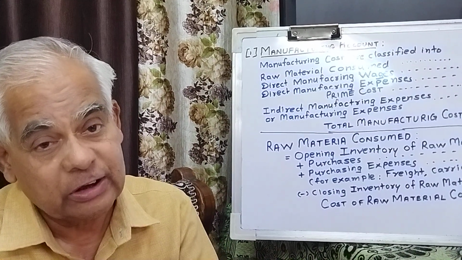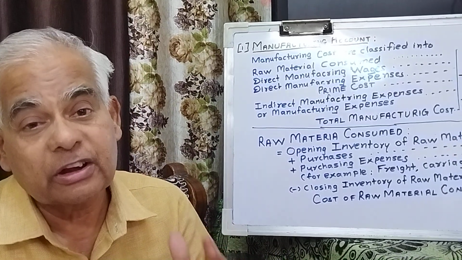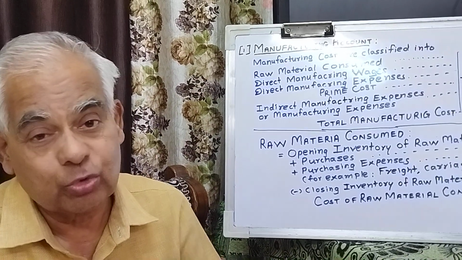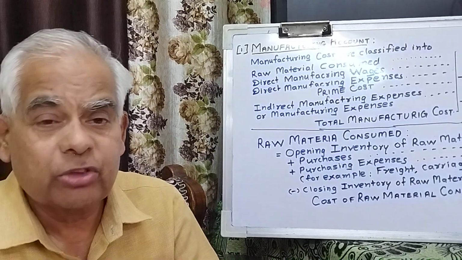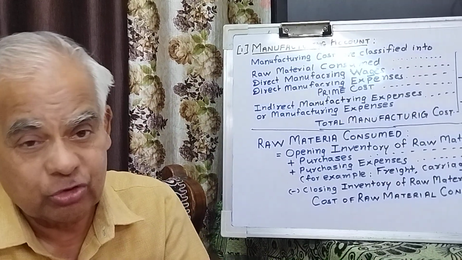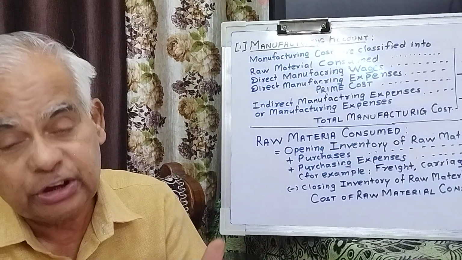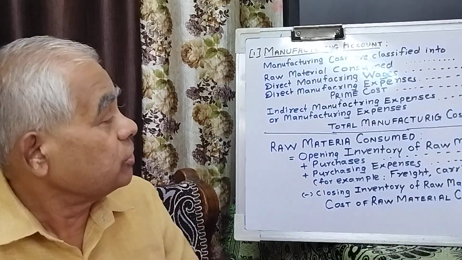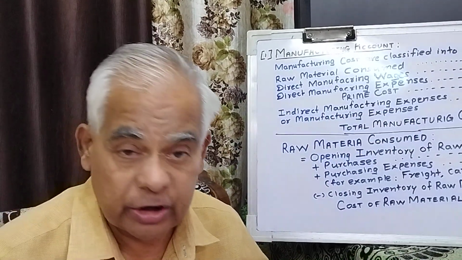So the supervisor's salary charged to the product, furniture, we can say involves assumptions, and that supervisor's salary is called indirect wages. Same case with the material, same case with the expenses also. And the total of indirect wages, indirect material and indirect expenses is called manufacturing expenses or manufacturing overhead.